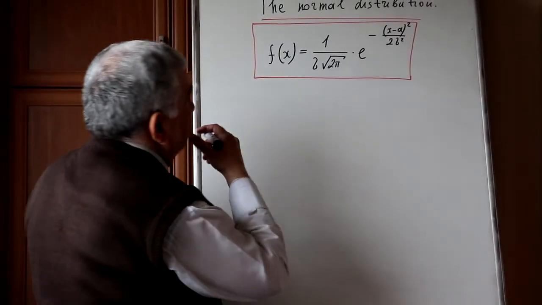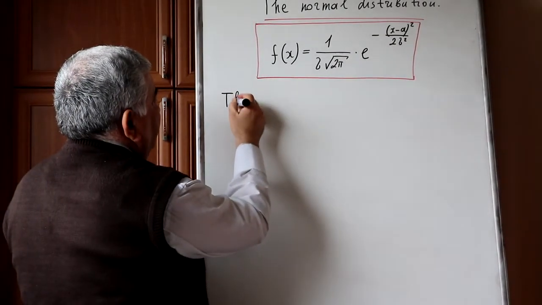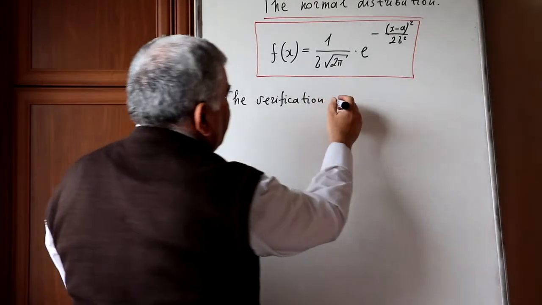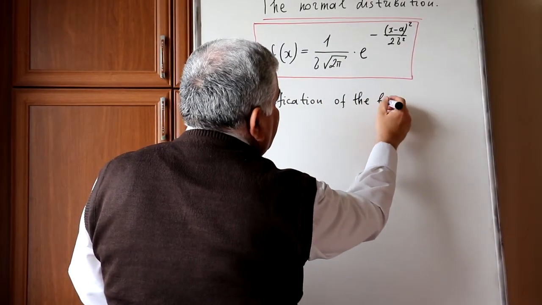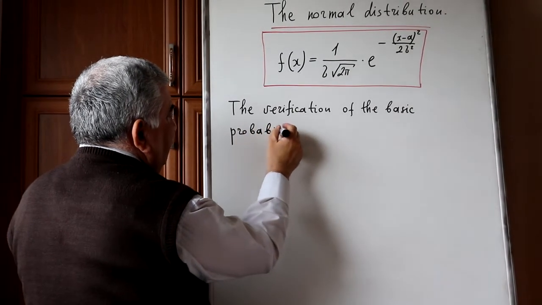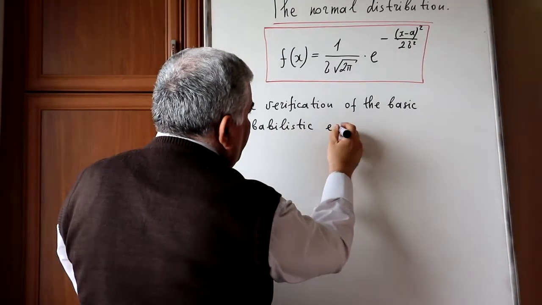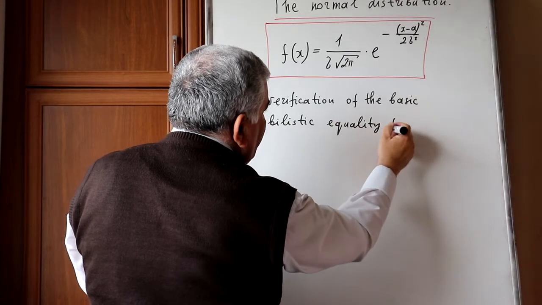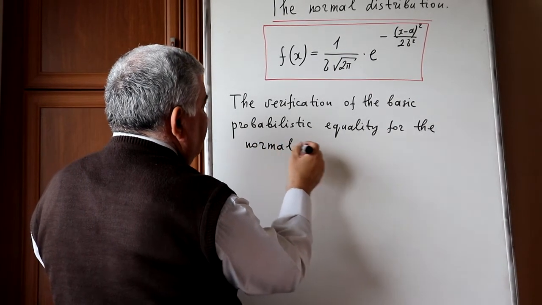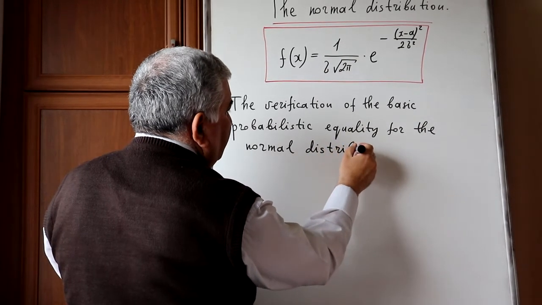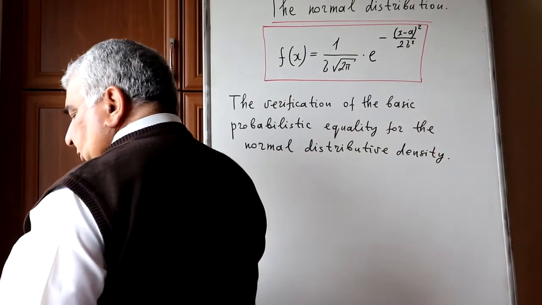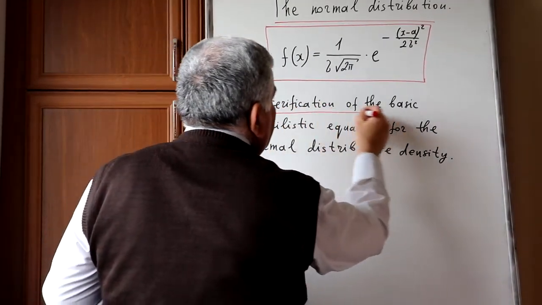Write the name of the topic: the verification of the basic probabilistic equality for the normal distributive density. It is the name of the next topic.